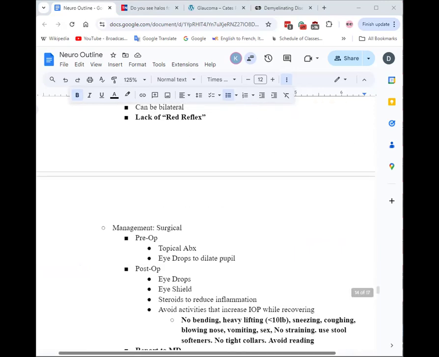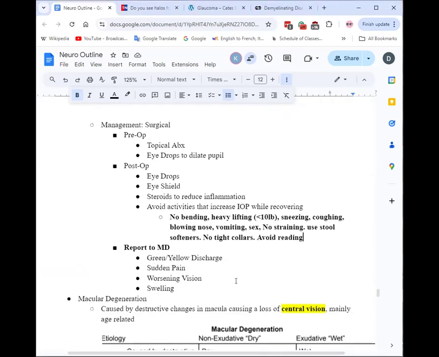Diego, why the tight collar? Avoid the tight collar. I believe the idea, and it applies similarly to your ICP, is that you have most of your circulation around that area. Your jugular and your carotids are there.